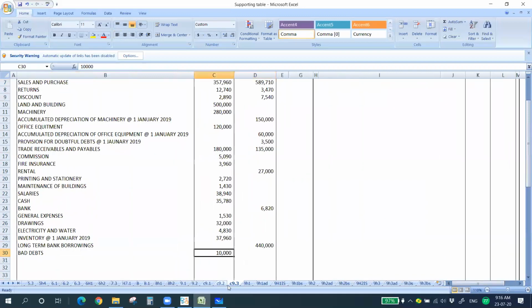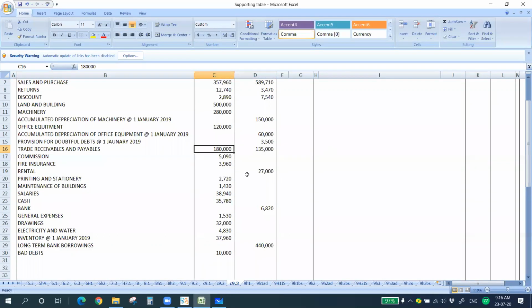Next, we have to credit our receivables, right? Class, can you tell me, which one is the receivables, the debit one or the credit one? I think by now you should be very familiar. Receivables is a debit balance, right?